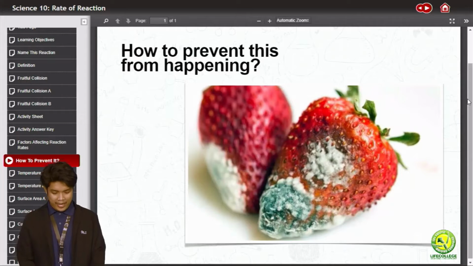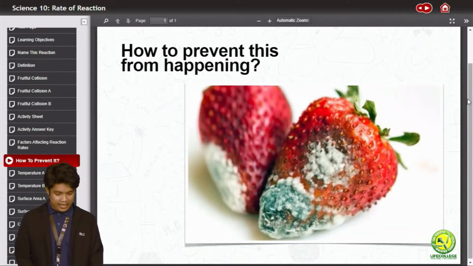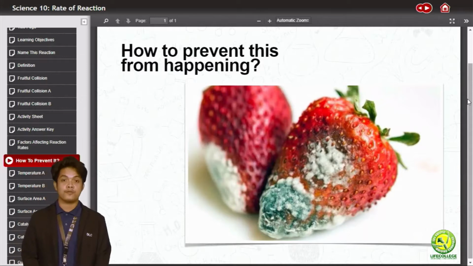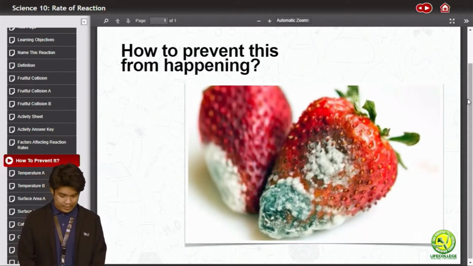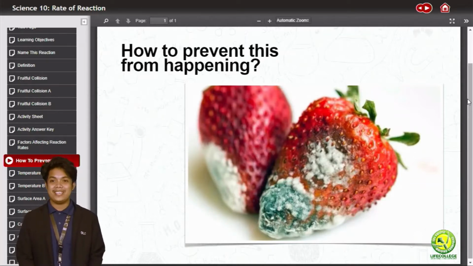So Ray answered, put it in a fridge or freeze it. Or Mike said, lower the temperature. So yes, we usually place the food in an area with a low temperature to postpone its spoilage, so that we can eat it when we want to eat it, right?